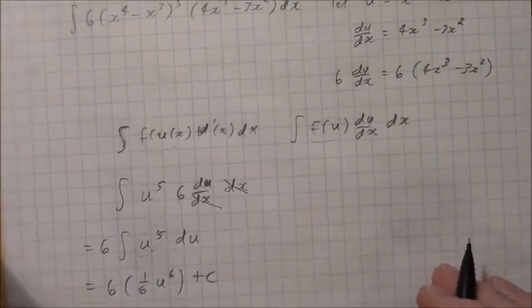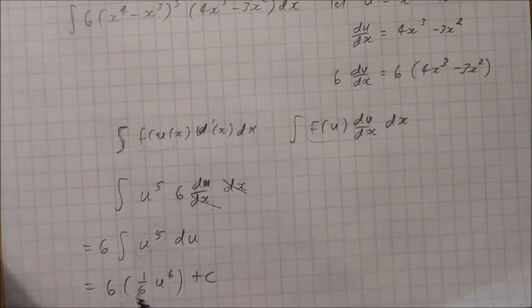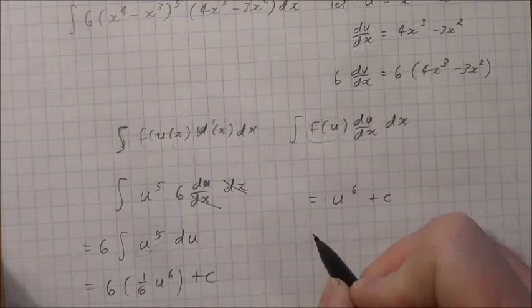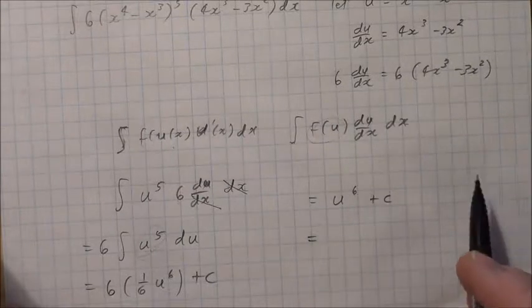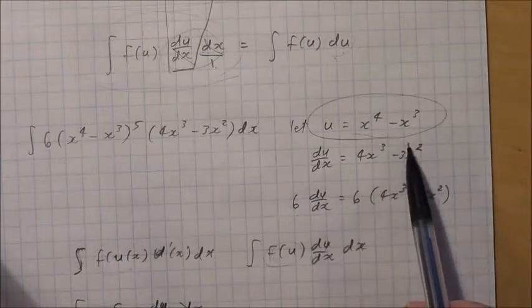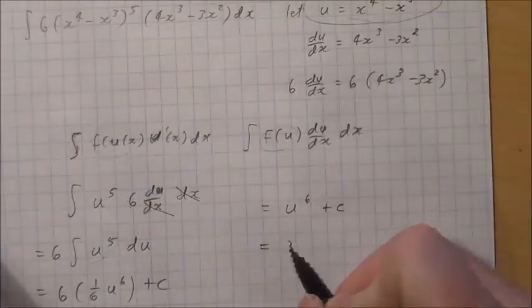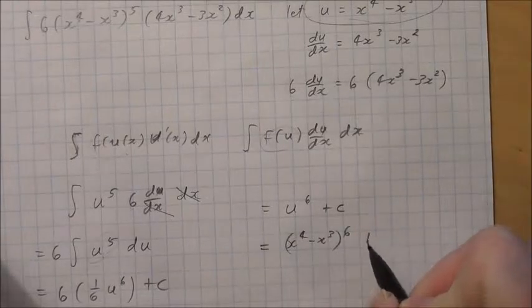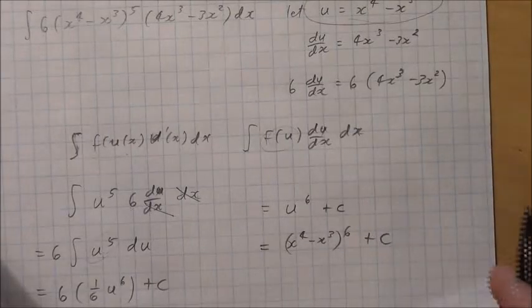We simplify this, so that just becomes u to the power 6 plus c. And we know that u is x to the power 4 minus x cubed, so that goes in here, to the power 6 plus c, and Bob's your uncle.